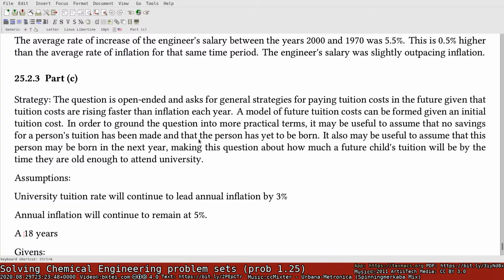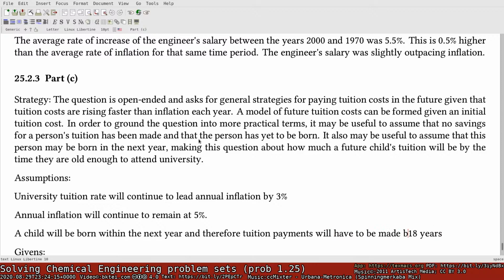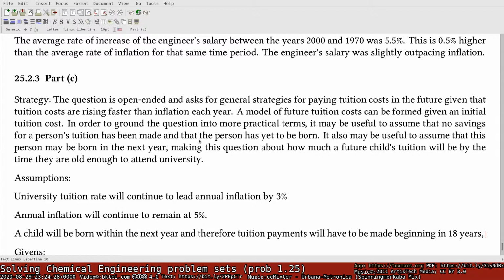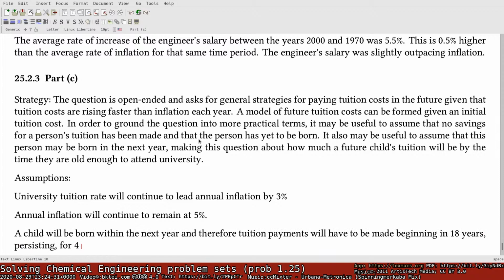Okay, so assumption: 18 years, a child will be born within the next year, and therefore tuition payments will have to be made beginning in 18 years and persisting for 4 years.